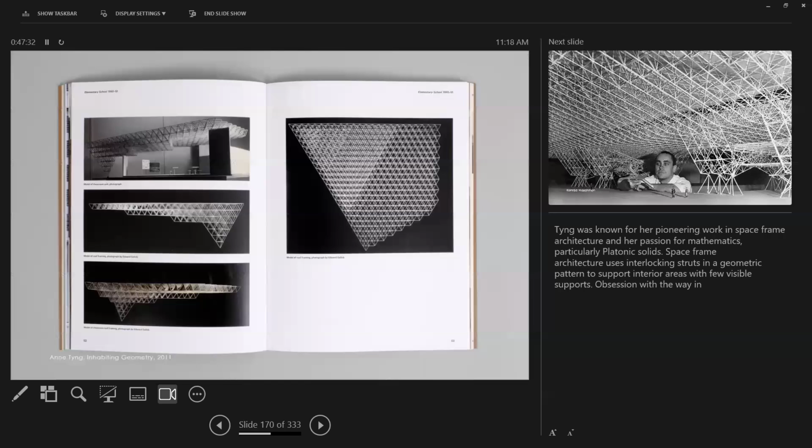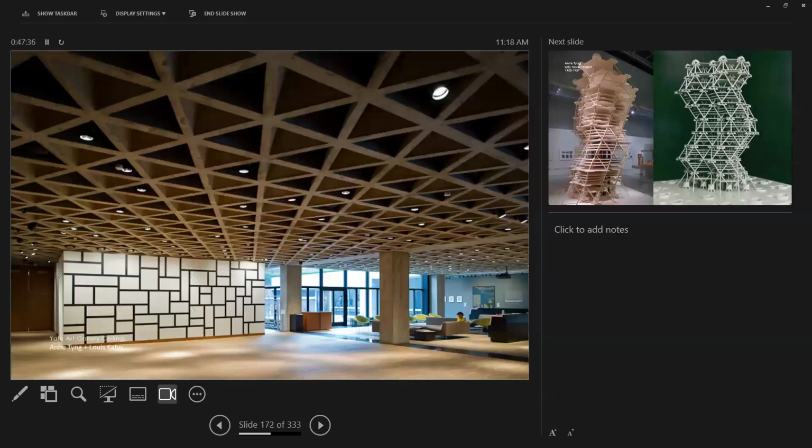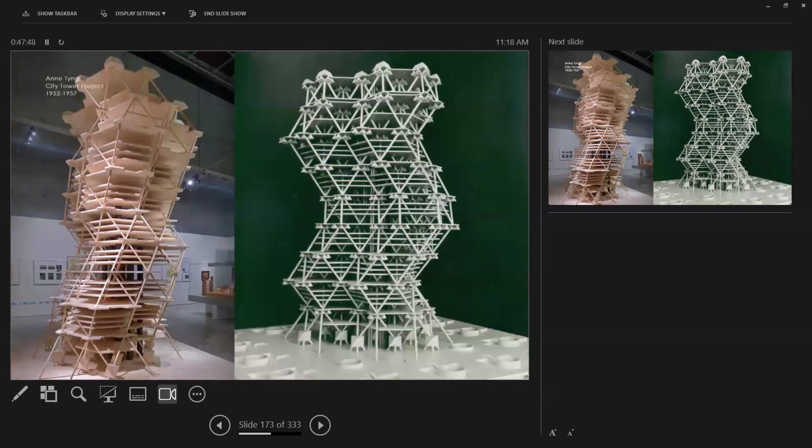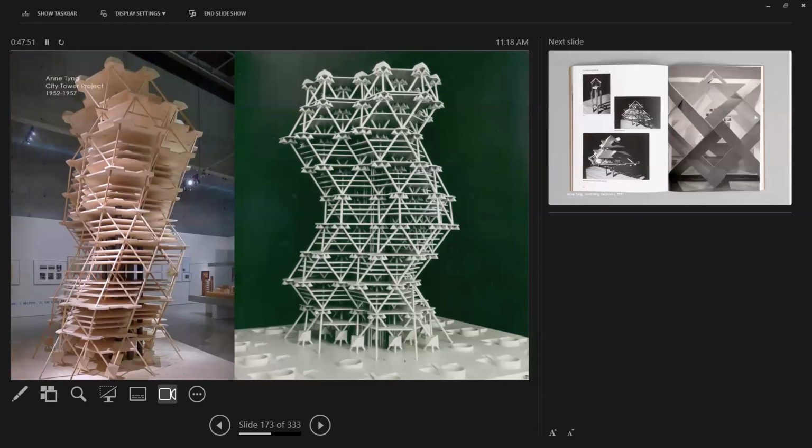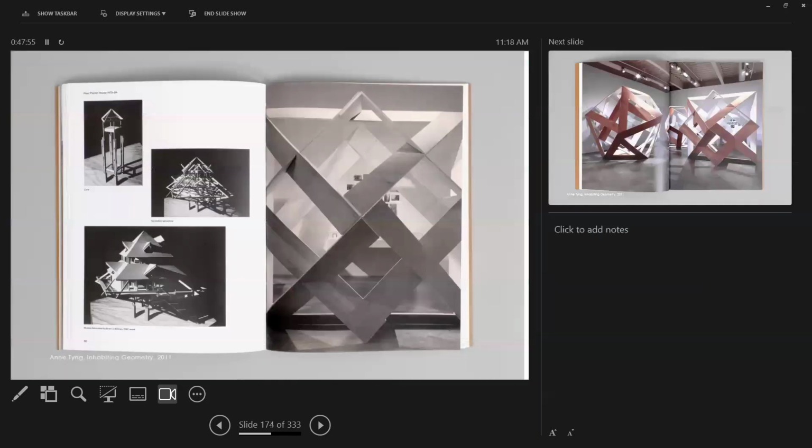She worked with Conrad Reichman in New York for a while, and is also the person responsible for most of the geometric complexity in Kahn's work, like the ceiling at the Yale Art Gallery, and also for this wild tower which comes out of her TIG toy, and also these incredibly intense platonic solids. And this house, which I think is a lot like the project that you're doing right now.